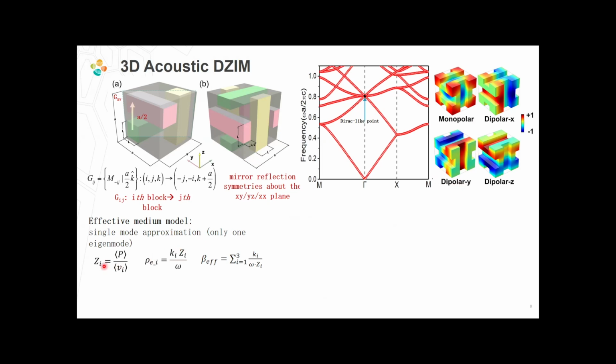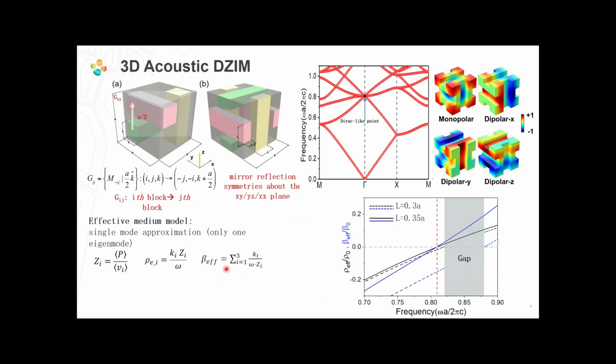By applying the physical definition of each parameter, we got the effective density and effective compressibility, which is the inverse of the bulk modulus. We can find that for this geometry, where L equals this ratio of the lattice constant, at this frequency both the density and the compressibility pass through zero at the same time.